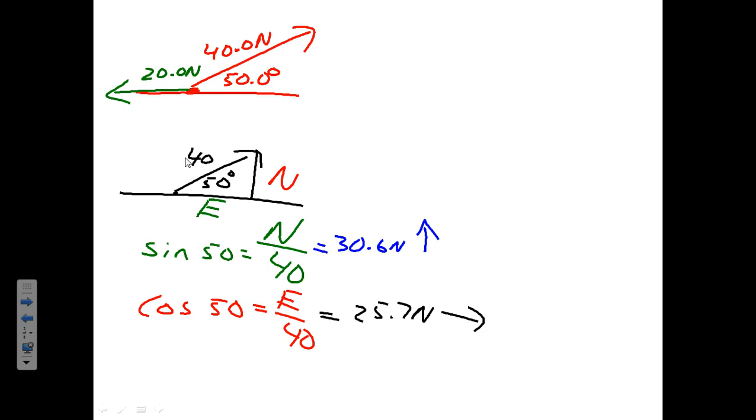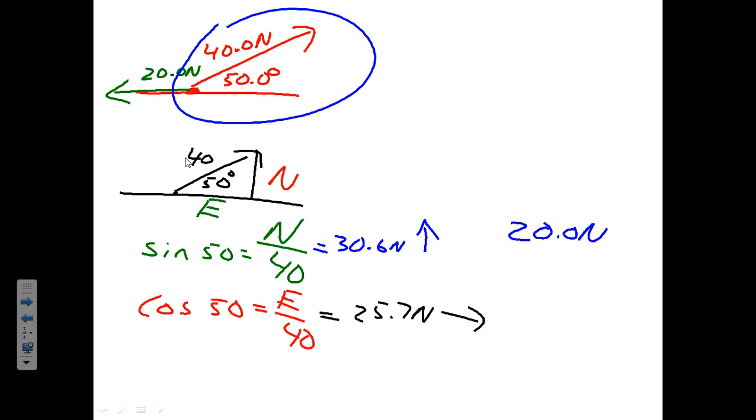All right. So far we dealt with this red vector up here. We just broke it into components. For the green one, the 20 newtons west, can we do that? It's all west, right? No need to break it into components. So let's think about what we have so far. We've got a 30.6 newton component north, a 25.7 newton component east, and a 20 newton component west.